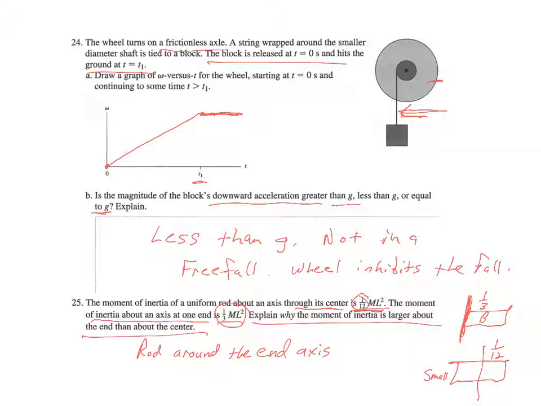This one is big in moment of inertia. The reason for the rod around the end axis being bigger is that more mass is further from the axis of rotation.